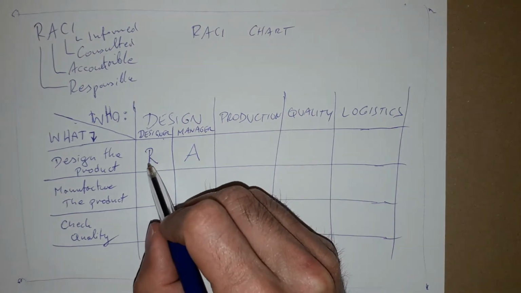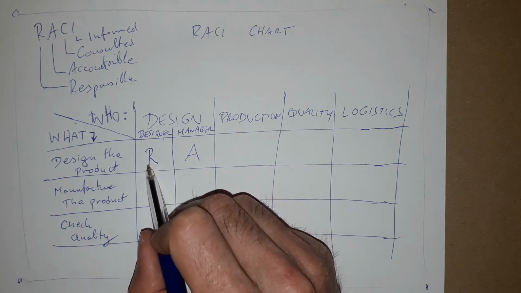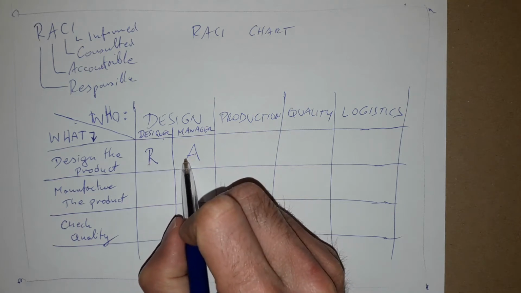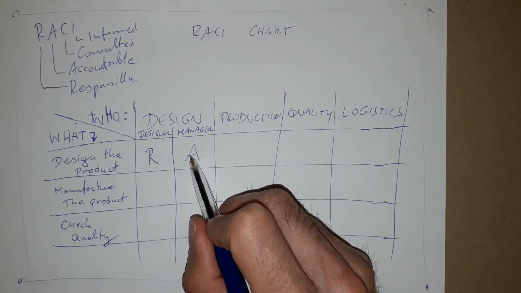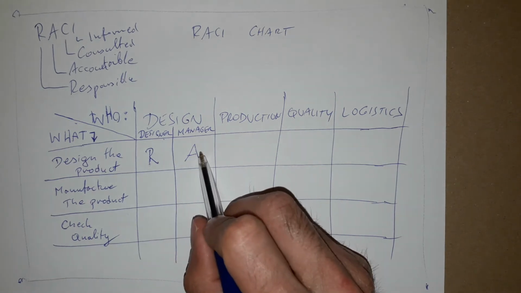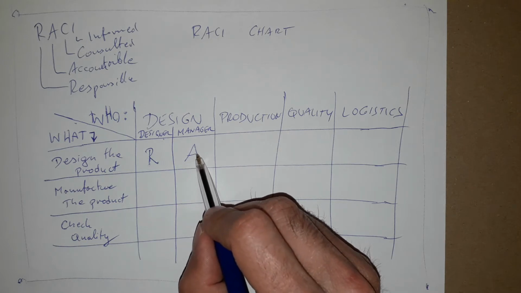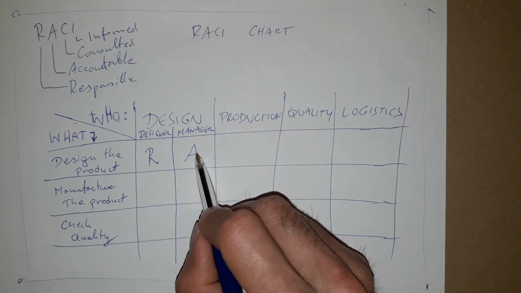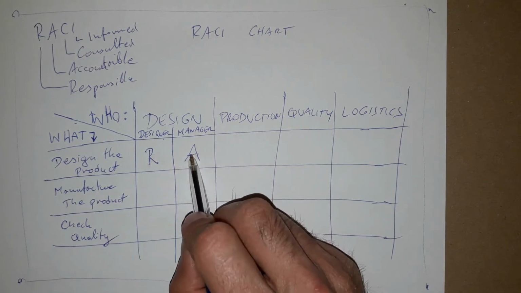So the designer is responsible, of course, because he is doing the job and he has to do the job. The manager doesn't need to do the job of the designer, but he will be accountable in front of the other team members if the job is done correctly, if the job is done on time.